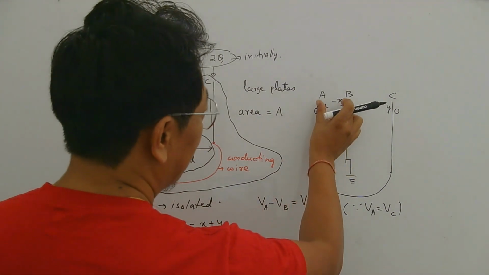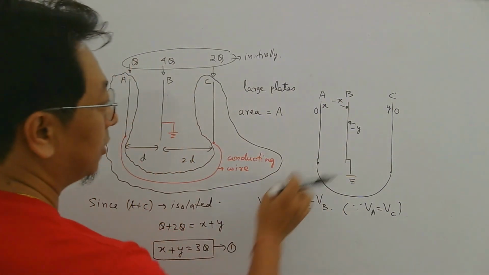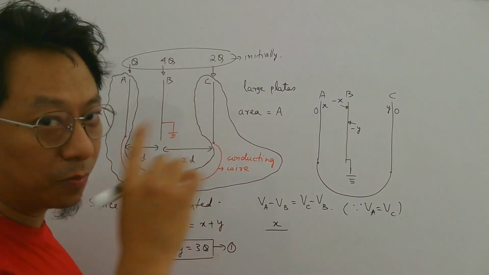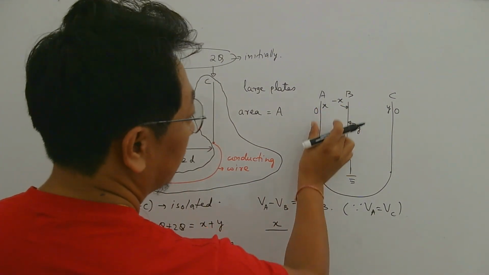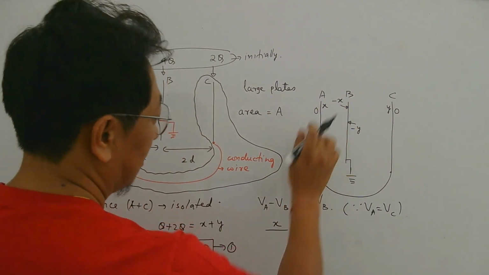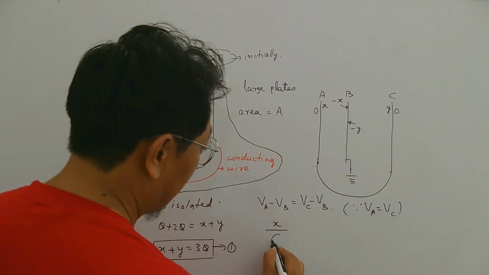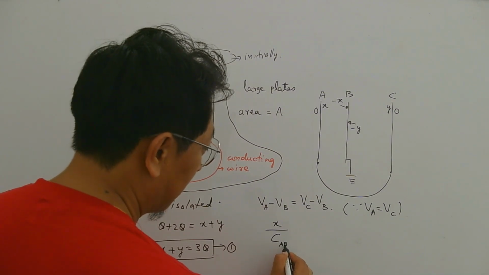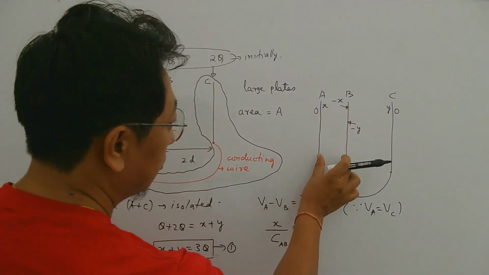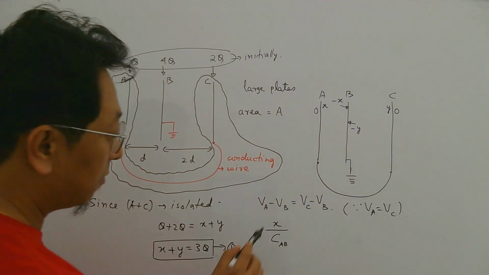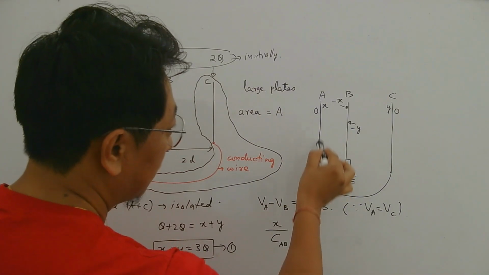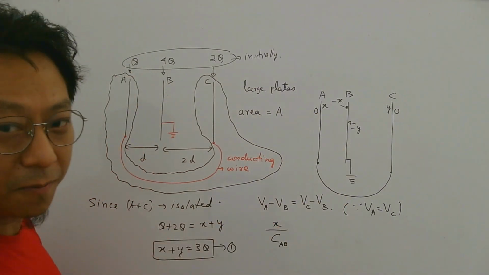So the potential difference between these two will be X by C. So potential difference between these two plates will be X divided by the capacitance of the pair AB. Remember, the potential difference between two plates of a capacitor is given by Q by C, and Q is the charge on the inner surface of the positive plate, right?